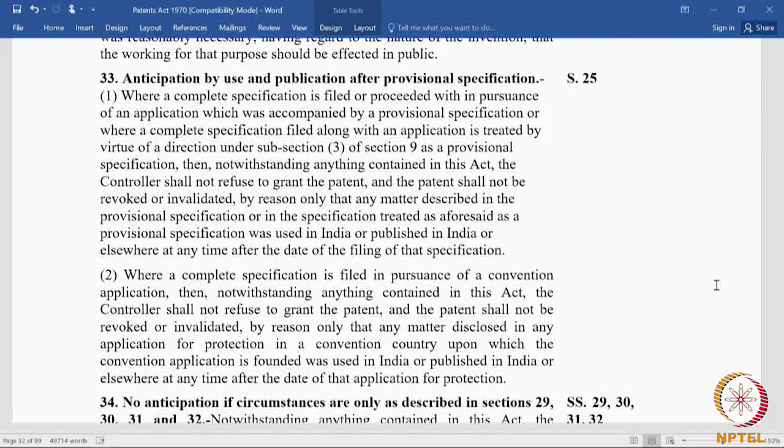So, if you preserve the priority filing a provisional and you make a disclosure, you disclose it to people in a conference in the United States, and after a few months if you file the complete, this disclosure will not be used because you filed a provisional. So, provisional helps you to disclose the invention to the public.